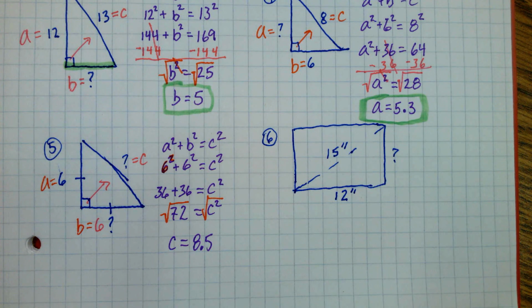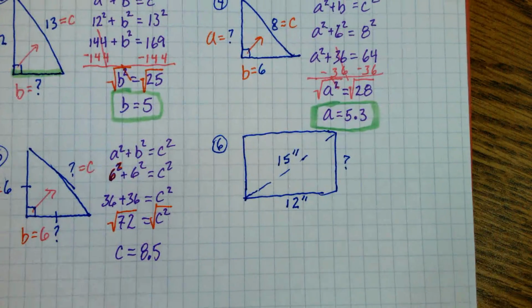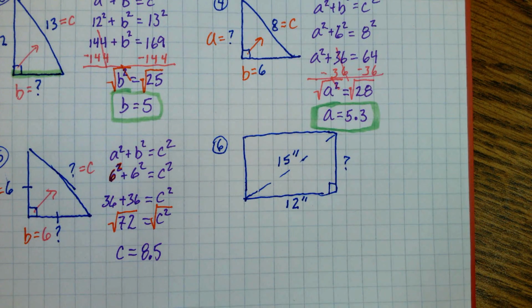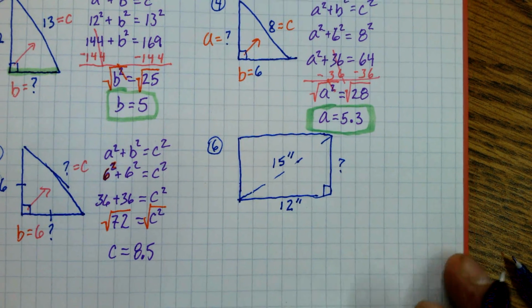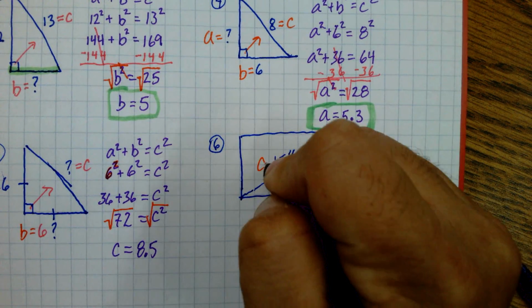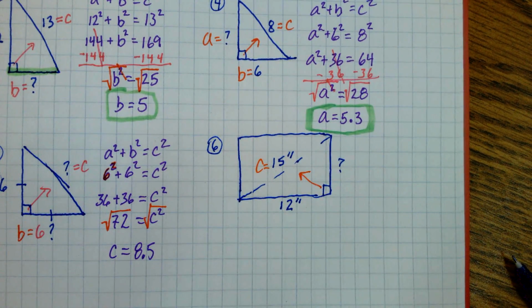That's the part we have to figure out. Well, fortunately for us, we have a right triangle. You split a rectangle in half, you get two right triangles, which is one of the reasons this is so popular. Well, let's find the hypotenuse. Lo and behold, it's the 15 inches.